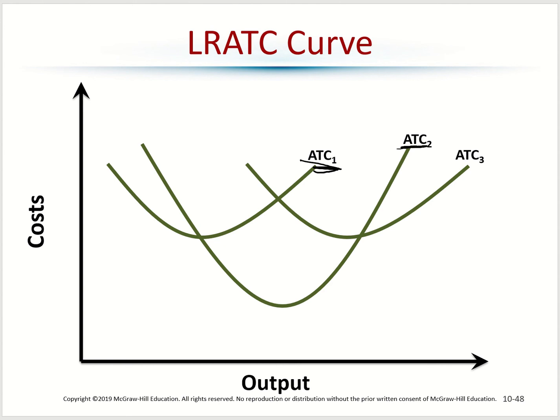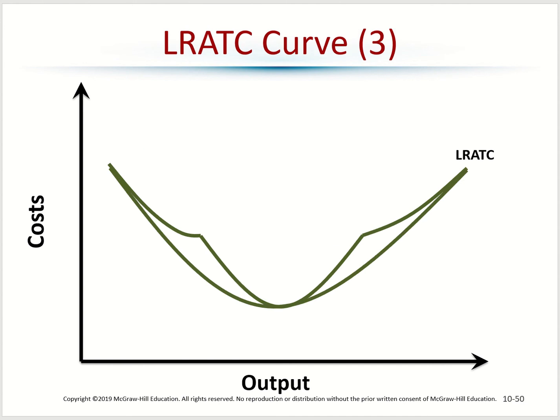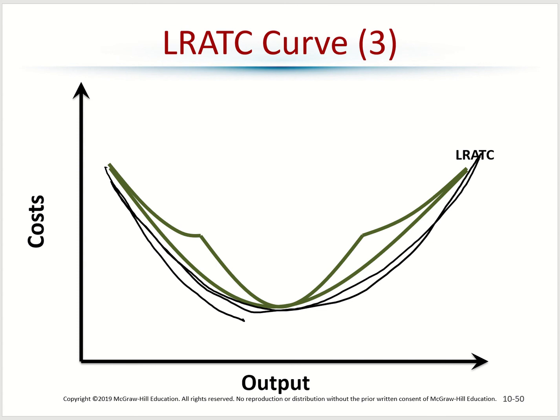And then if you keep expanding outward, you lose efficiency. Then you have a higher average total cost curve. If you combine all 3 lines together, your long run average total cost curve looks something like this. It's going down in the beginning, and then it will flatten out and then go up.